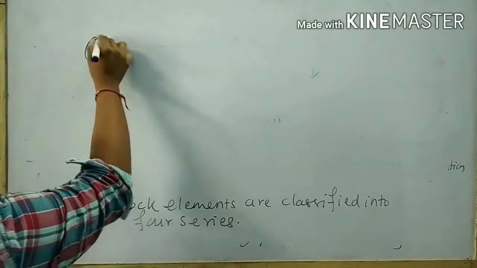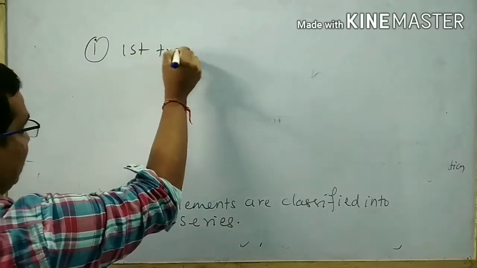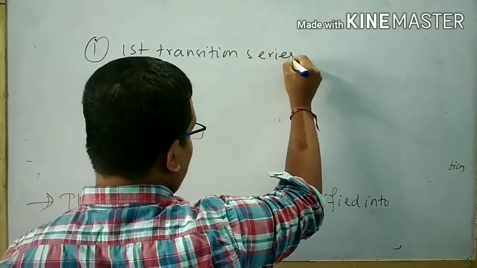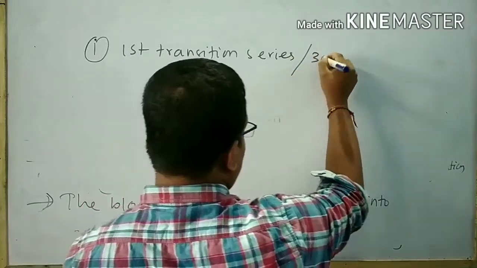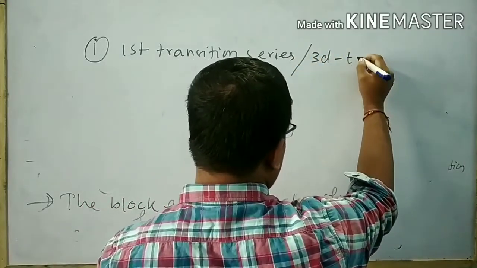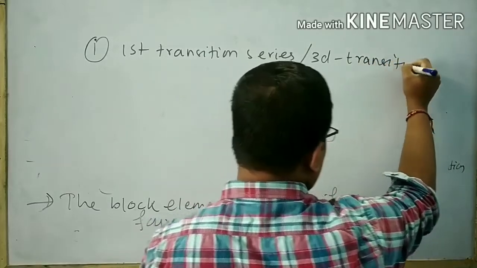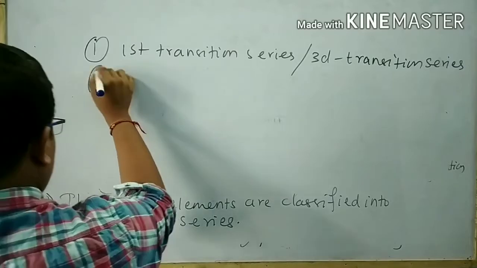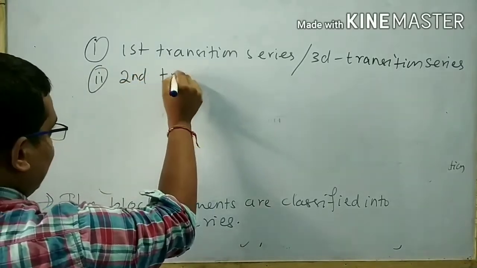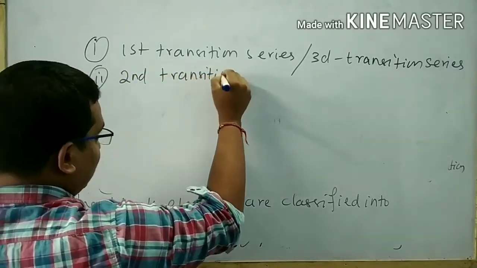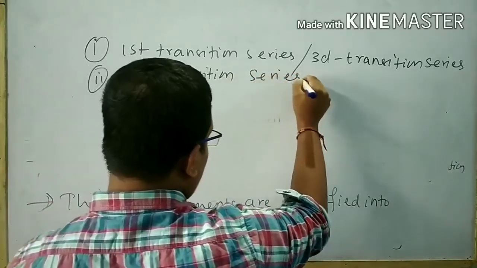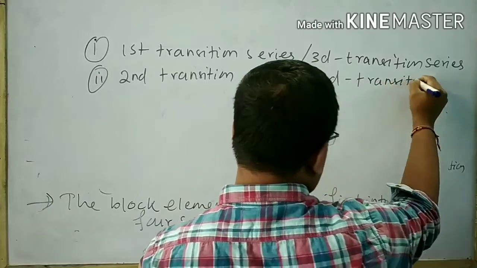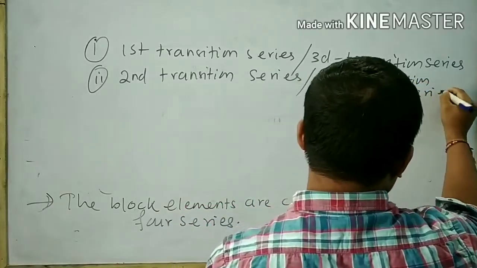Such as number one is your first transition series, or you can also call 3d series, 3d transition series. Second is your second transition series, or you can also call 4d transition series.